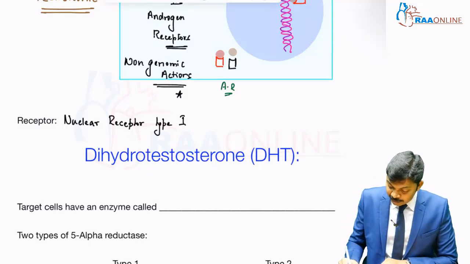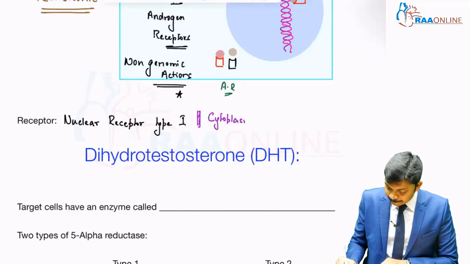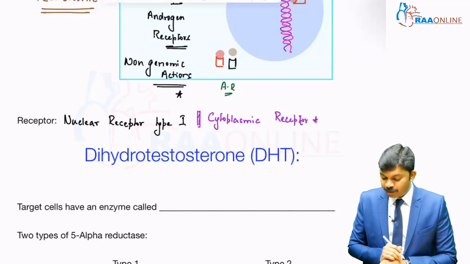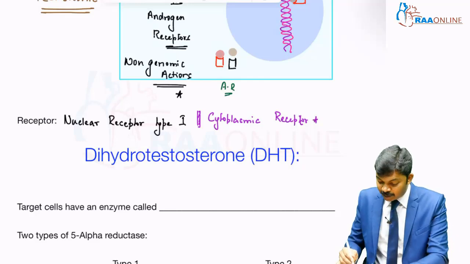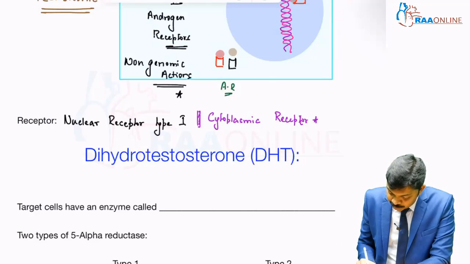But if you want the name given in physiology textbooks, consider these as cytoplasmic receptors. But whatever it is, it can be nuclear or it can be cytoplasmic. The ultimate name is going to be intracellular receptors.